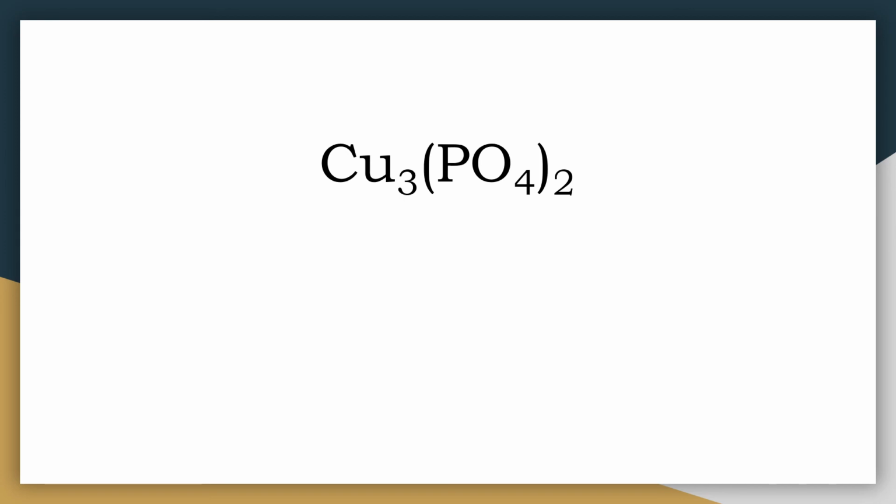PO4 is a type of polyatomic ion. We had to know that the polyatomic ion charge was a -3, because this then allows us to figure out that copper had a +2 charge.